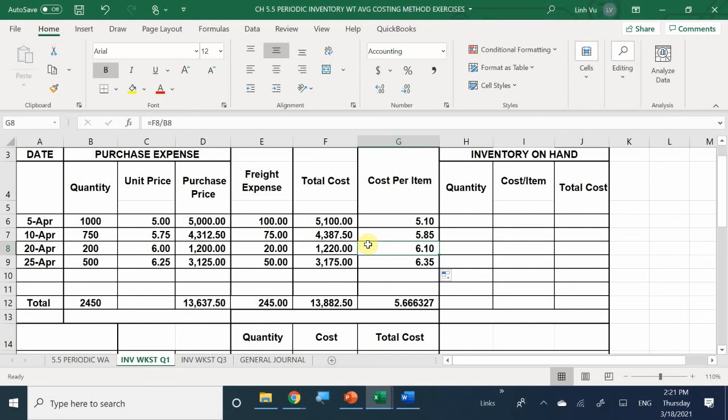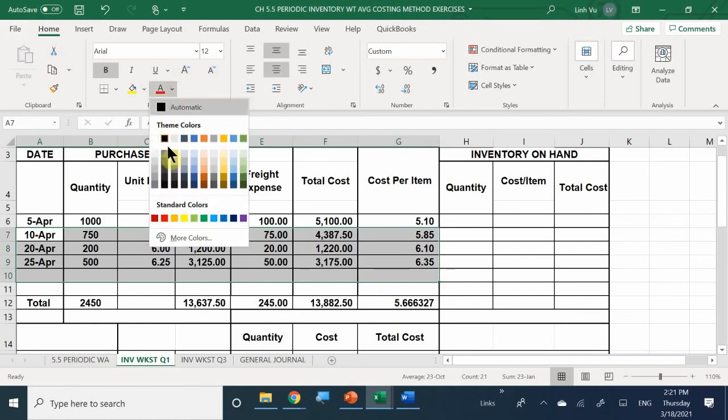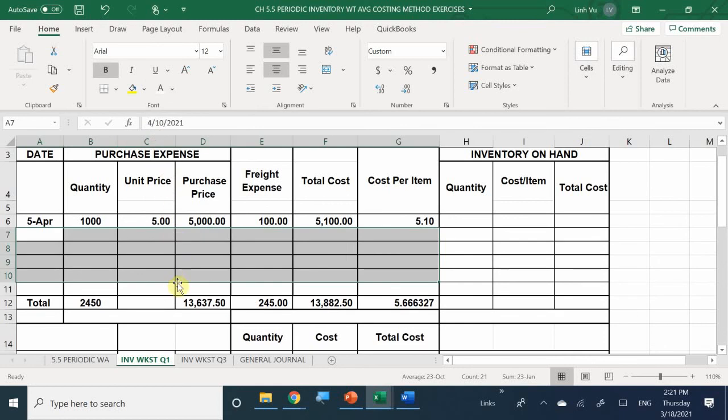Okay, you would solve for the average cost if you only had this. So, for example, if I were to just eliminate, let's say I didn't make any of these purchases, let me find my color real quick, and I just white it out. If I only made this purchase right here, and I only had that one purchase, what's my average cost per item?